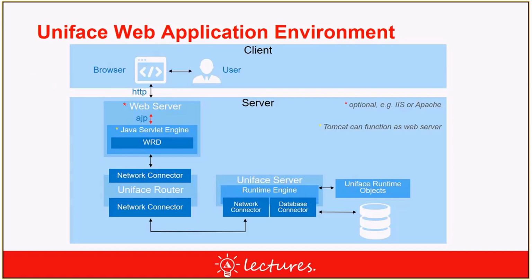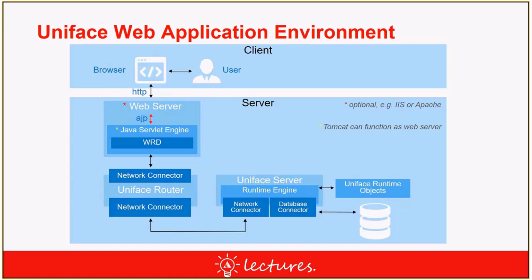You've got a client using a web browser to request a page, optionally a web server in the middle, talking maybe via the AJP protocol. It's a binary protocol from IIS or Apache, let's say, to Tomcat, which would be our Java servlet engine.